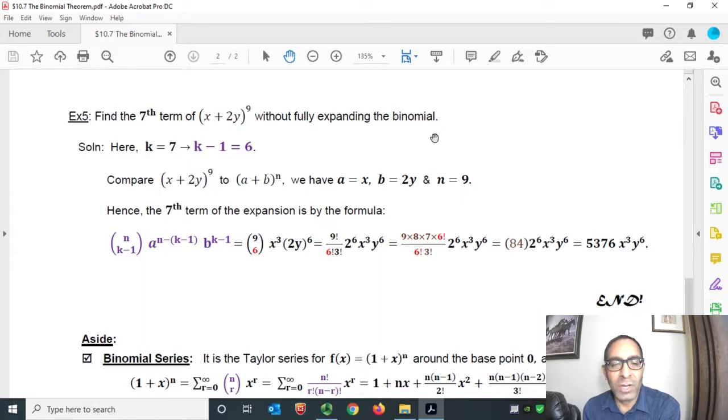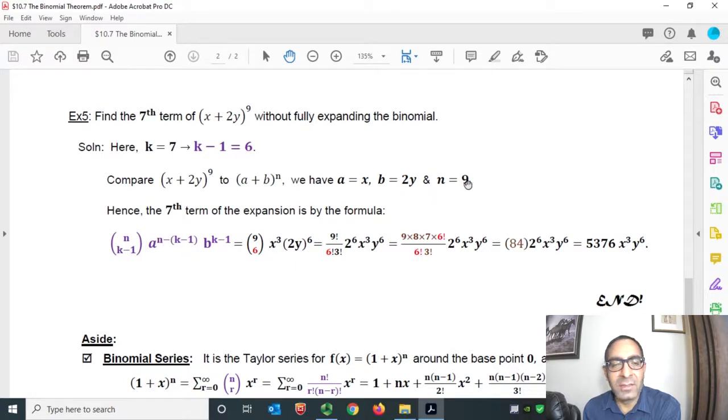Then by the formula I wrote down here, n choose k minus 1 times a raised to the power n minus k minus 1 times b raised to the power k minus 1 equals, with n is 9, k is 7, so k minus 1 is 6. So we have the binomial coefficient 9 choose 6, times a, which is x, and the power is n minus k minus 1.